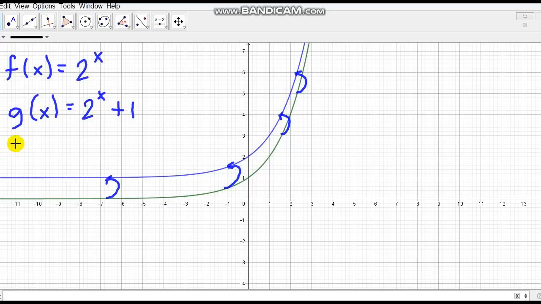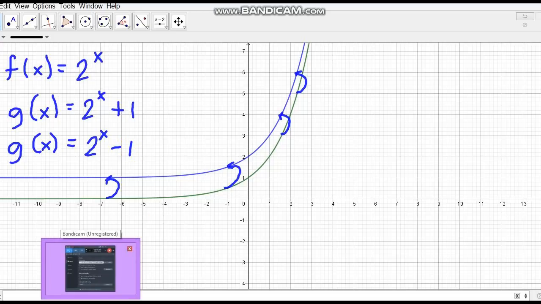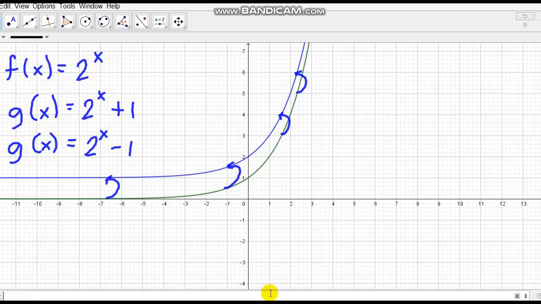However, if we try another graph, let's say our g of x instead is 2 raised to x, but this time let's subtract 1. Let's see what will happen. So g of x is equal to 2 raised to x minus 1.